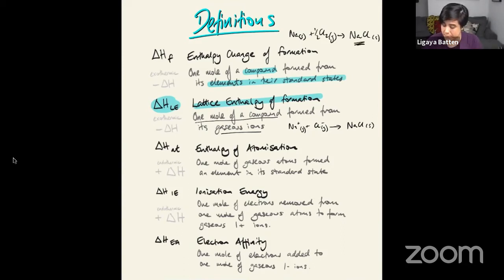So you can see in both cases we're making the sodium chloride solid, but in enthalpy of formation we're doing that from elements in their standard states, and for lattice enthalpy we're doing that from gaseous ions. So each definition also corresponds to an equation.